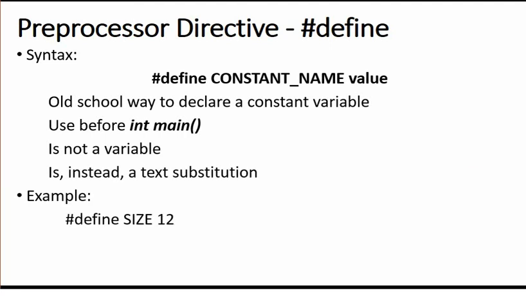So here we have pound define SIZE. SIZE is representing 12. So instead of typing 12 in our program, we can just say SIZE. And so whenever the compiler sees SIZE, it knows to replace it with the value of 12.